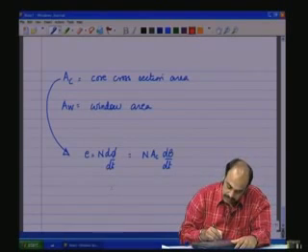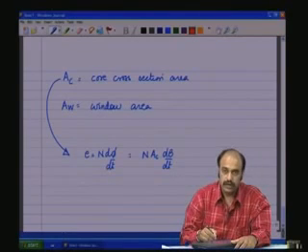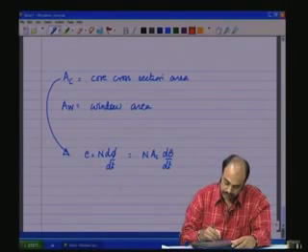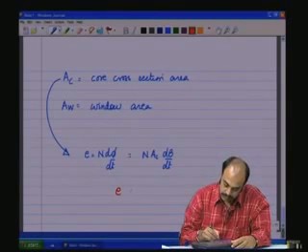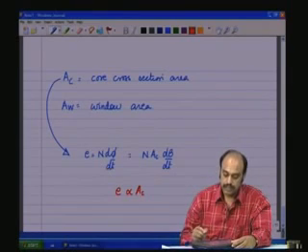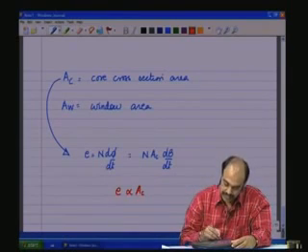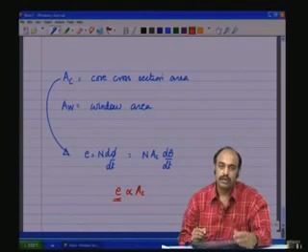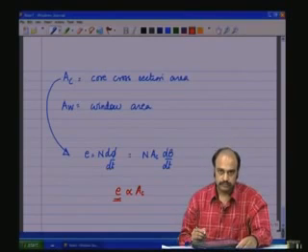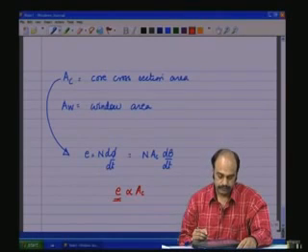So, if you see that for a given number of turns and for a core with a particular swing in the flux density, E is proportional to AC. The core cross sectional area determines the voltage withstanding capability for the transformer.